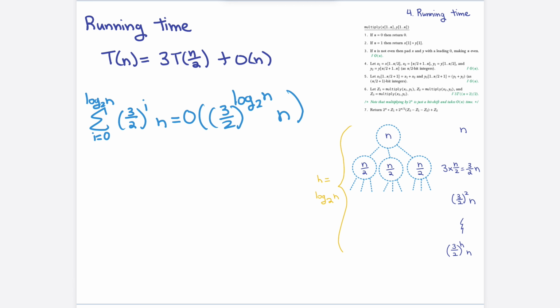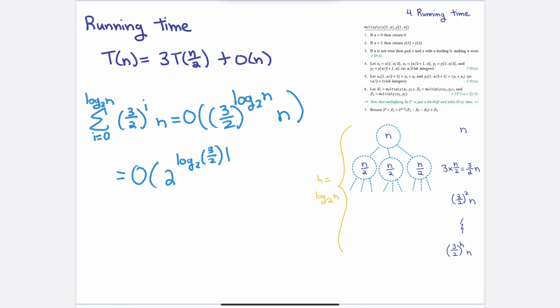And now we just have to clean this up. I'm very clumsy, so I would just write something like, I would convert the 3/2 to 2 to the log base 2 of 3/2.